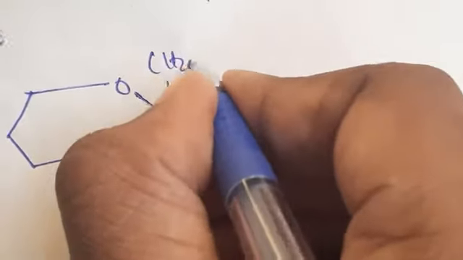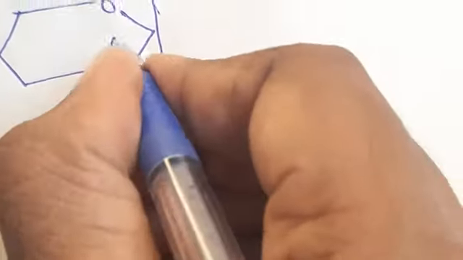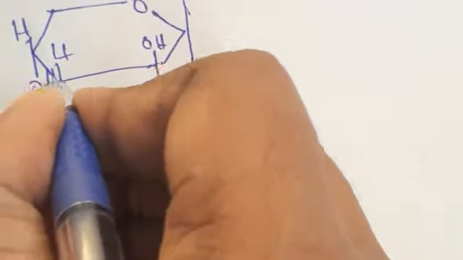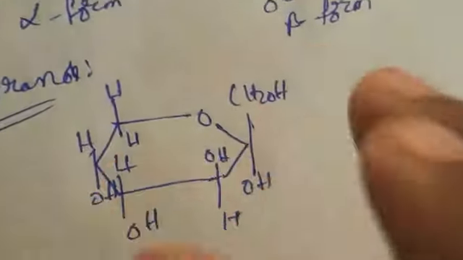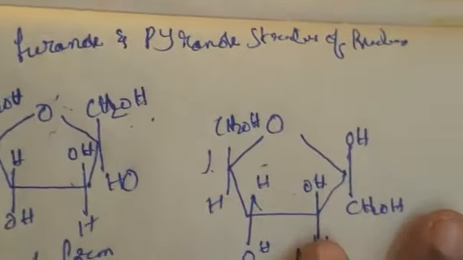Here CH2OH, OH, OH, H, H, OH, H, OH and here H. Okay, so this is the pyranose structure of fructose, alpha form. If you want the beta form, this one can be converted. These are the structures of fructose.